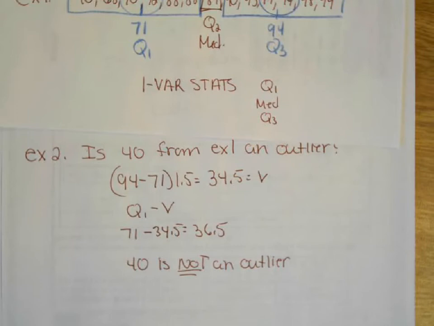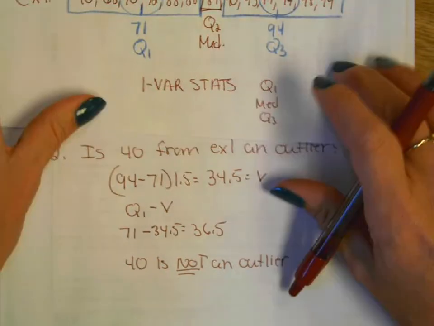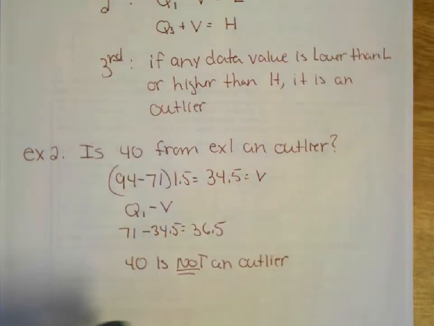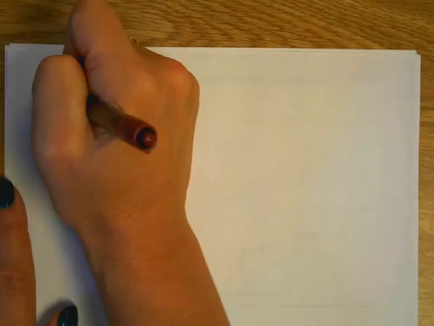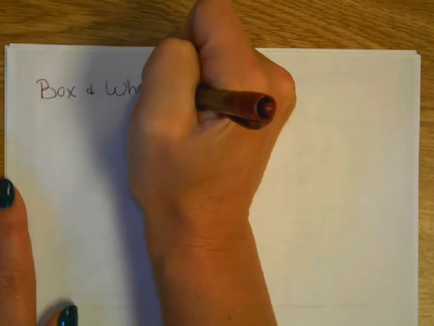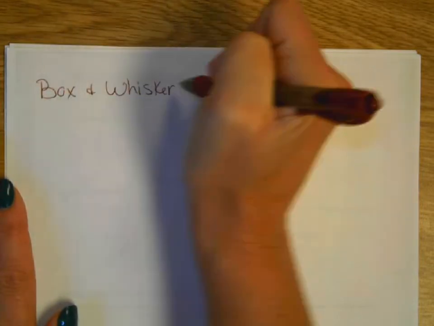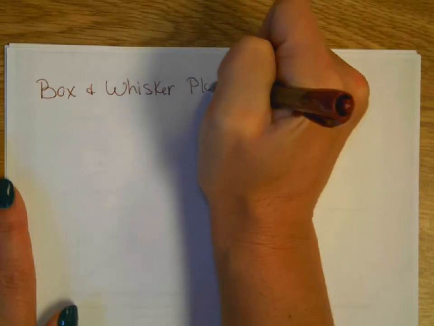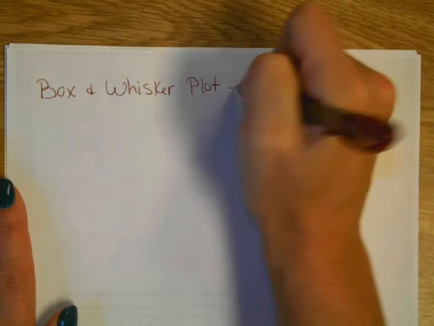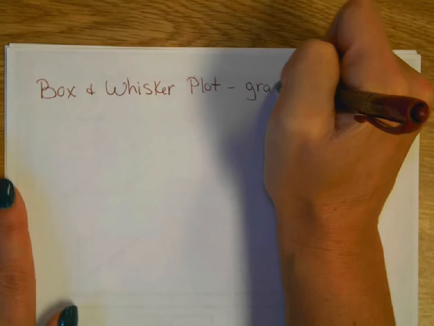And the last thing we're going to do with the quartiles is make a box and whisker. And I think you made these probably back in junior high. But the box and whisker plot is also a very common statistical graph to give. And this is a graph based on quartiles.